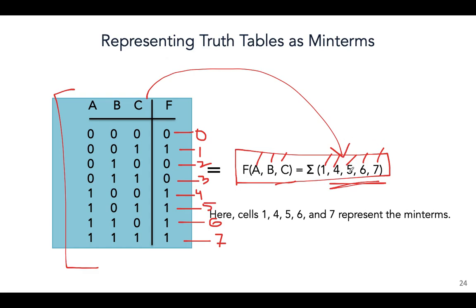We simply list the min-terms because we know that all the rows whose number is not mentioned here must have an output of 0. So no need to represent both zeros and ones. Simply write all the rows that have an output of 1, and all the rows that are not mentioned here will naturally have an output of 0, right? So no need to mention them. This right here is a summation function.